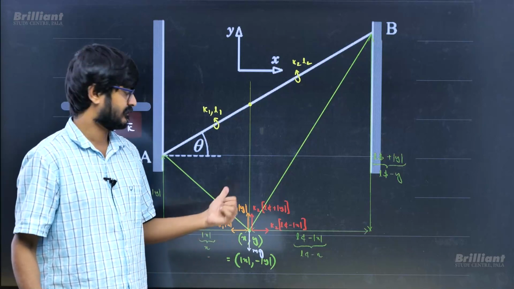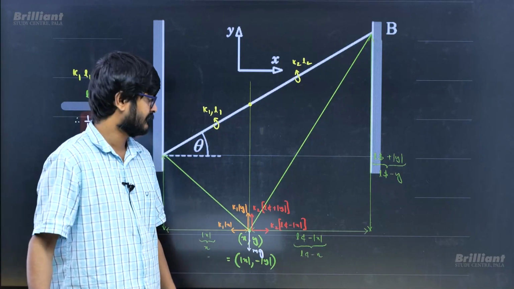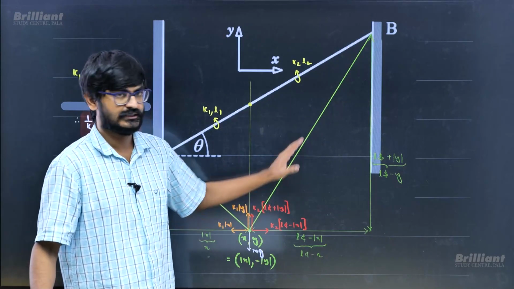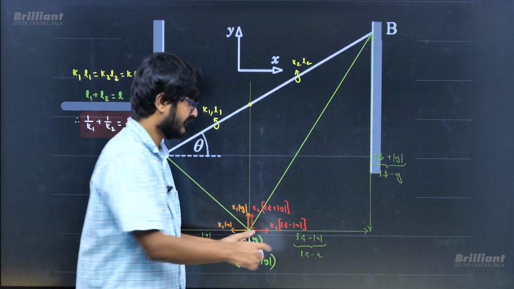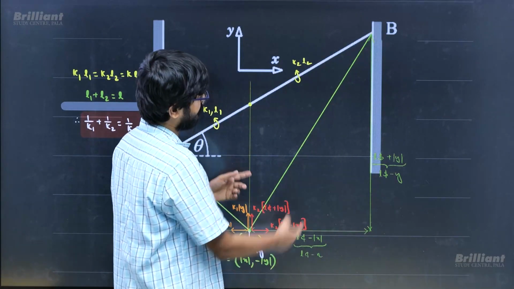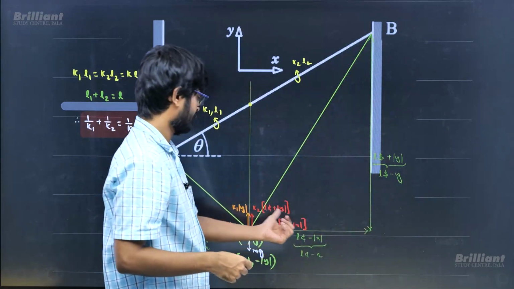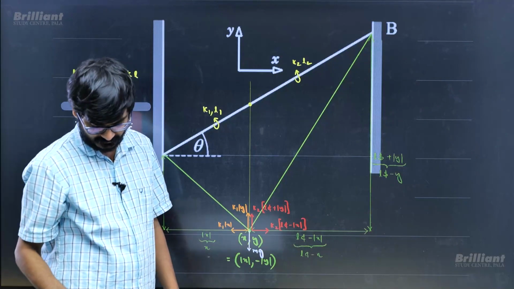That's the key point. If the natural length is 0, calculations turn out to be pretty simple. Similarly, this stretching force you can resolve into two components. Its horizontal component will be given by K2 times this distance, and its vertical component by K2 times this distance. And weight will be there.